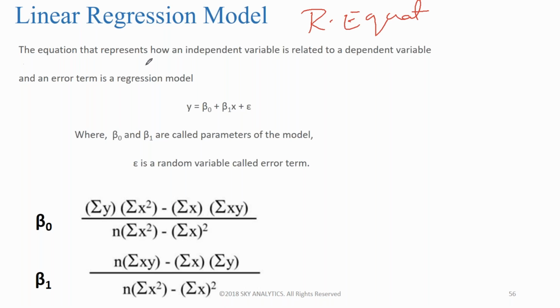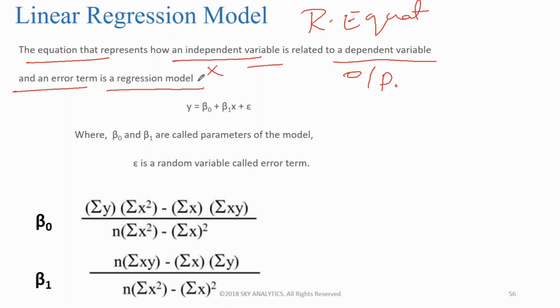The regression equation that represents how an independent variable, an input variable, is related to your output variable, along with an error term, is called your regression model.